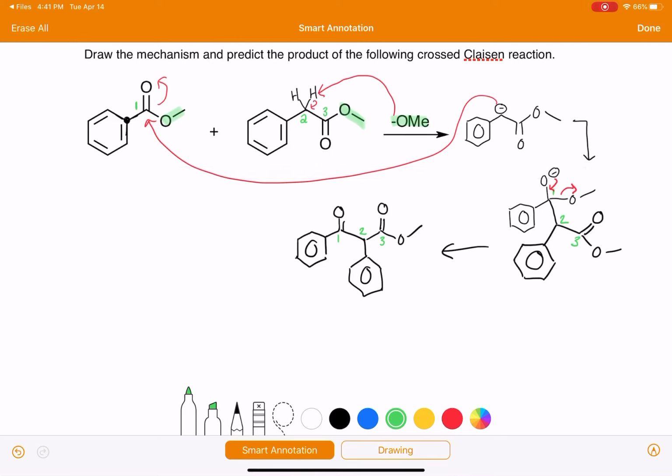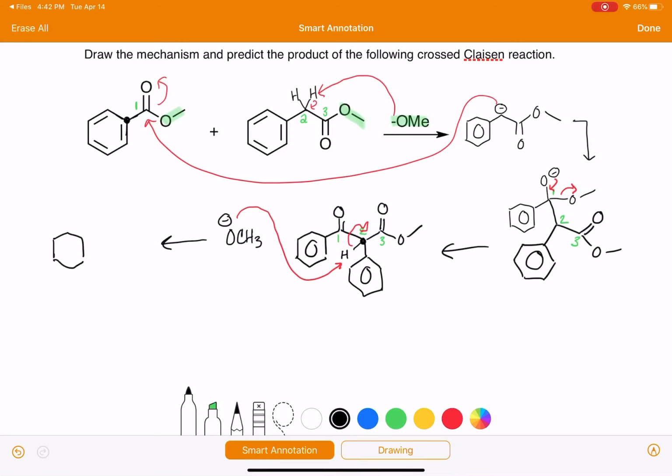Now then, before we move on with this mechanism, the next thing we're going to do is look at that double alpha carbon, and do we have any hydrogens on it? We sure do. So that OCH3 group that we got rid of when we recreated the carbon-oxygen double bond, that thing is going to grab that alpha hydrogen and pull it off.